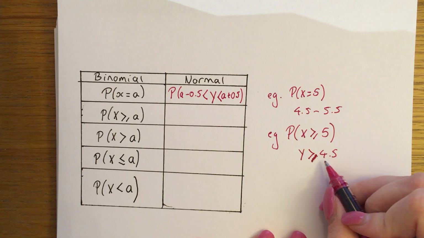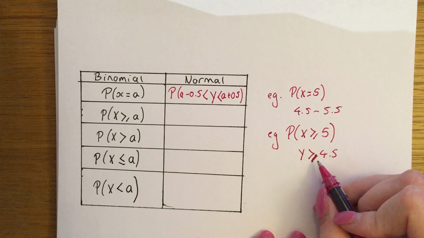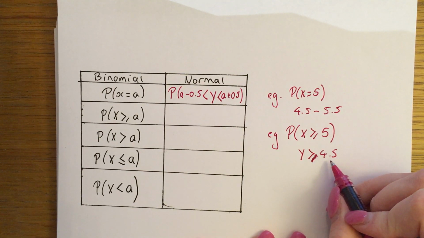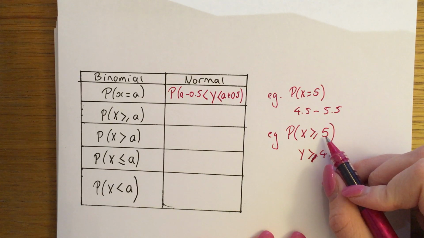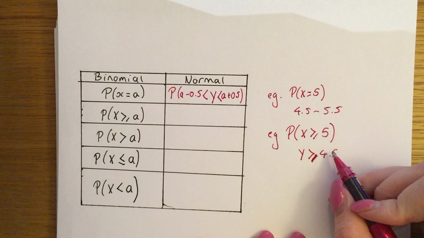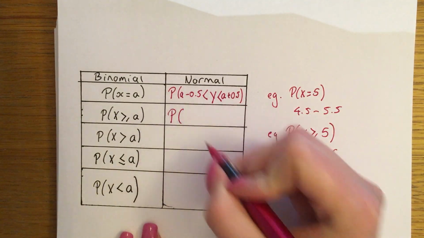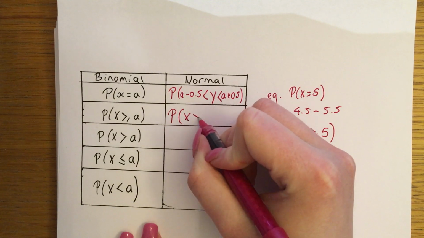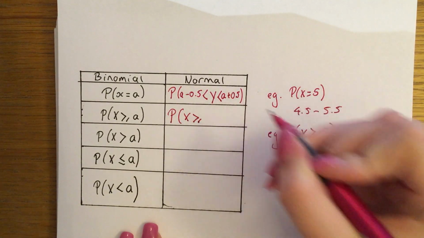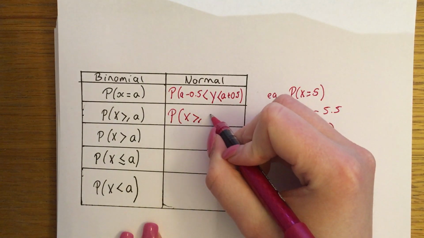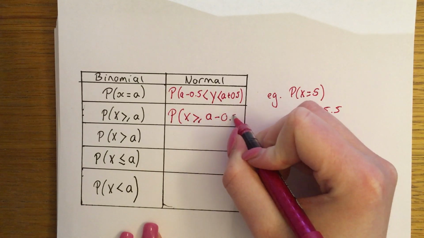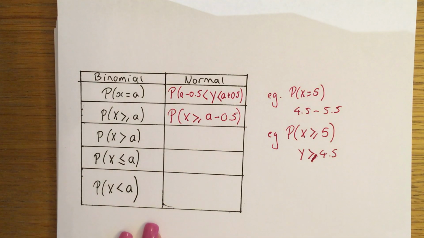Because anything 4.5, 4.6, 4.782 would all round to 5 were it to be rounded to the nearest whole number and to be written in discrete format. So that's the probability that x is greater than or equal to, though that side doesn't really matter, a minus 0.5.